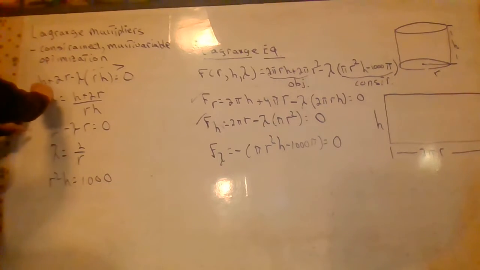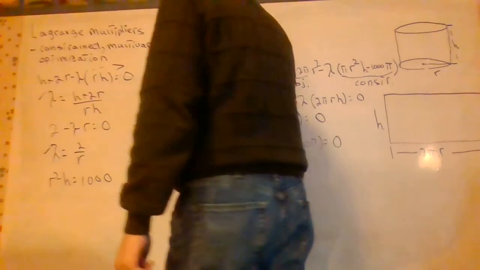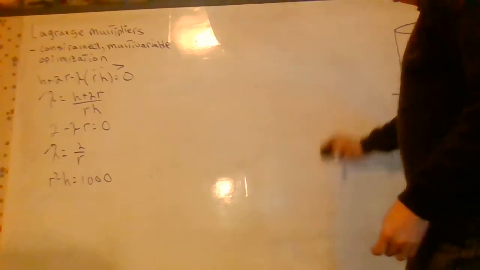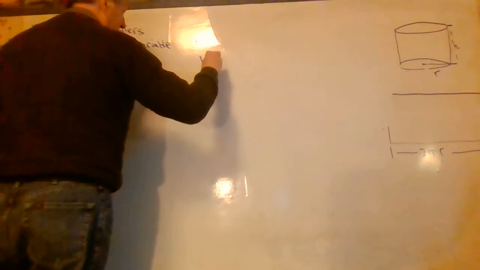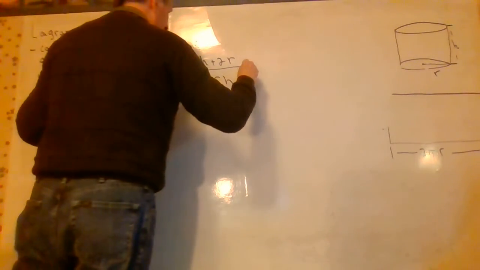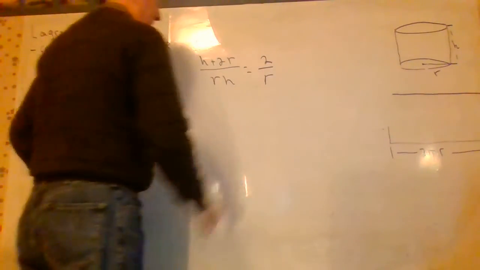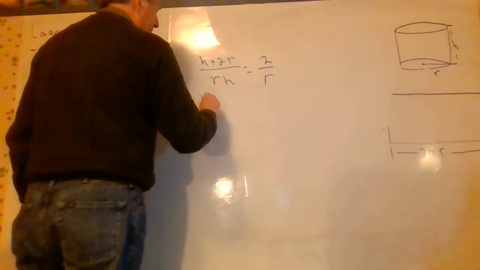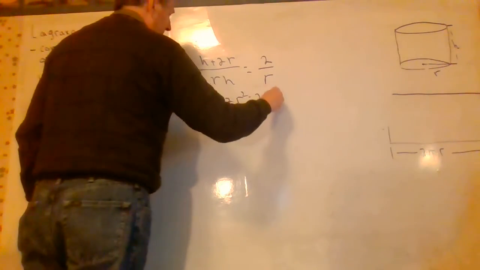Next what we do, you normally set these lambdas equal. That's very common. The algebra tends to go in one direction. Set these two equal, we get h plus 2r divided by rh equals 2 over r. And then we can cross multiply: hr plus 2r squared equals 2rh.